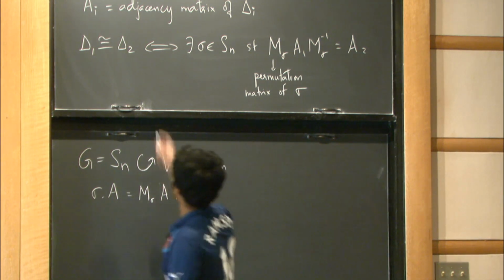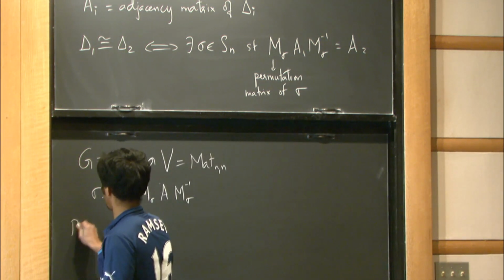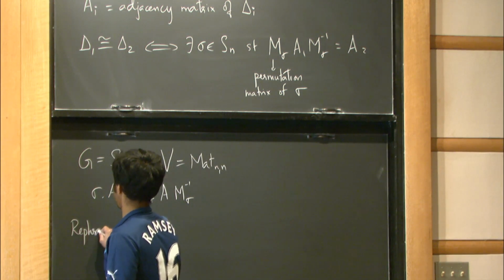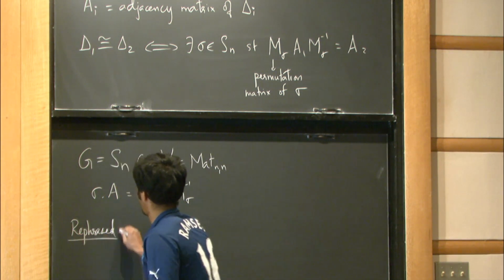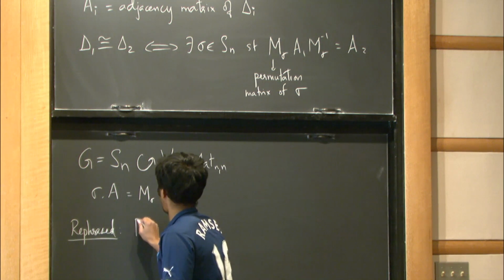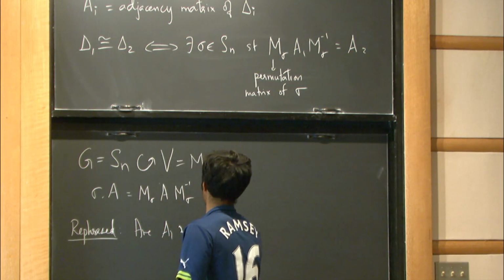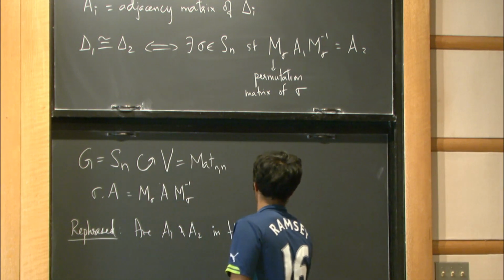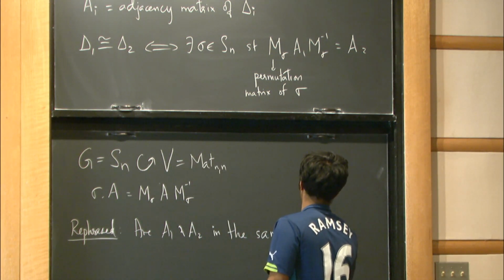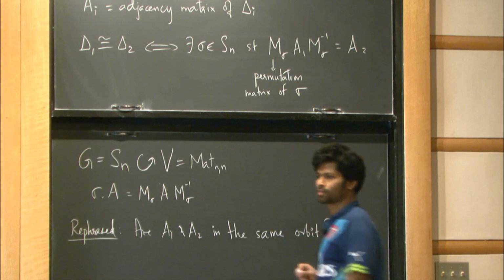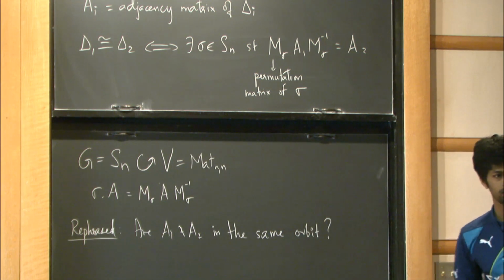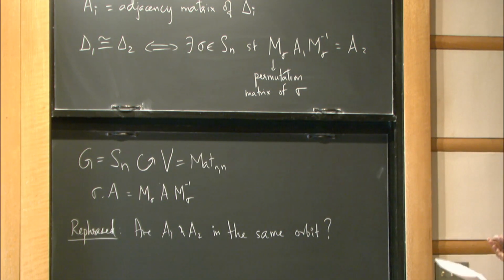And now that question is rephrased to: are A1 and A2 in the same orbit? So graph isomorphism becomes a group acting on some vector space, and you're asking, are two things in the same orbit?